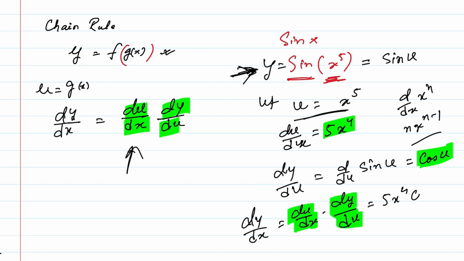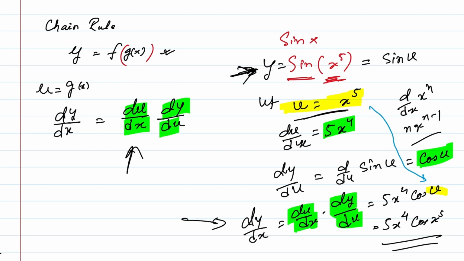Here you see this u is nothing but x to the power 5. Now let us replace u by x to the power 5, and doing so we will get 5x to the power 4 cos x to the power 5. So this is our required result. That's how we can use the chain rule to find the derivative of functions of this form. Hope you have understood.